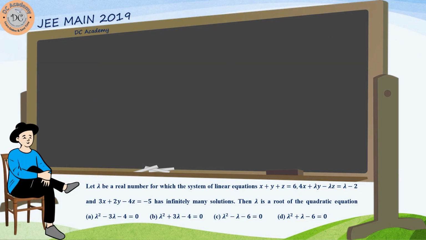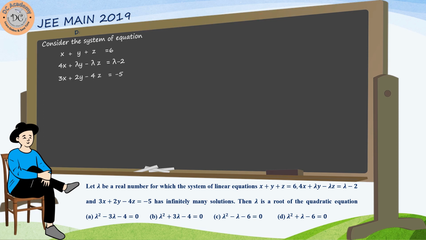So the three equations. The first equation is x plus y plus z equal to 6. The second equation is 4x plus lambda y minus lambda z is equal to lambda minus 2. And the third equation is 3x plus 2y minus 4z is equal to minus 5.